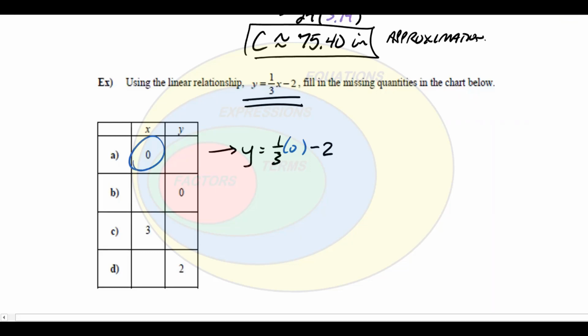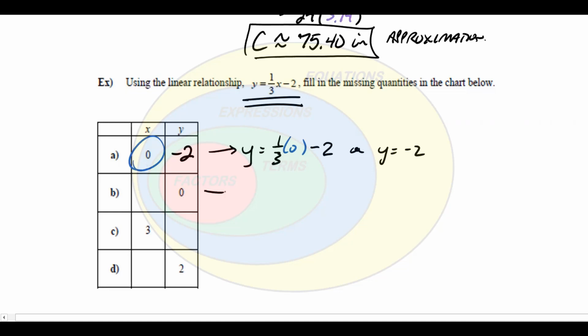And this one I can actually solve for y pretty easily, or y equals -2. So if x is 0, y is -2. Now, if I plug in 0 for y, what's x?